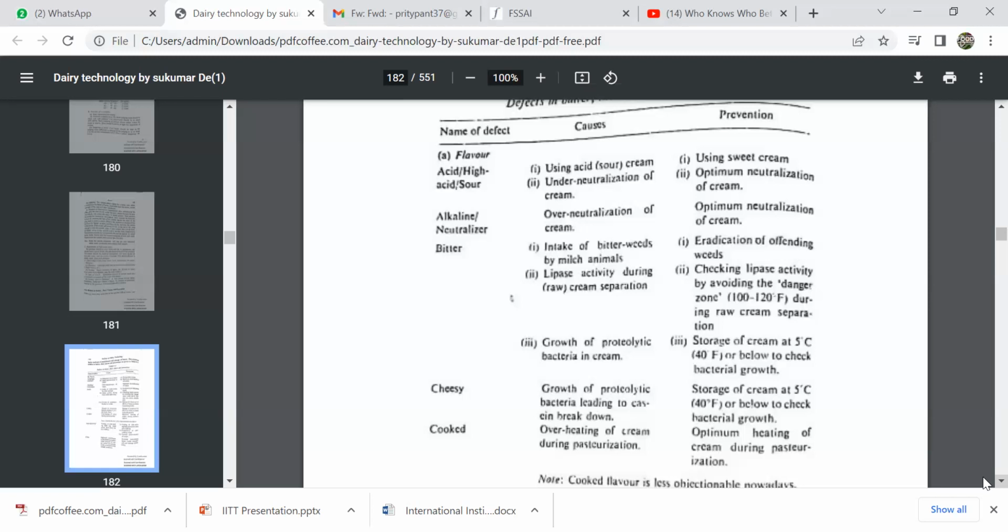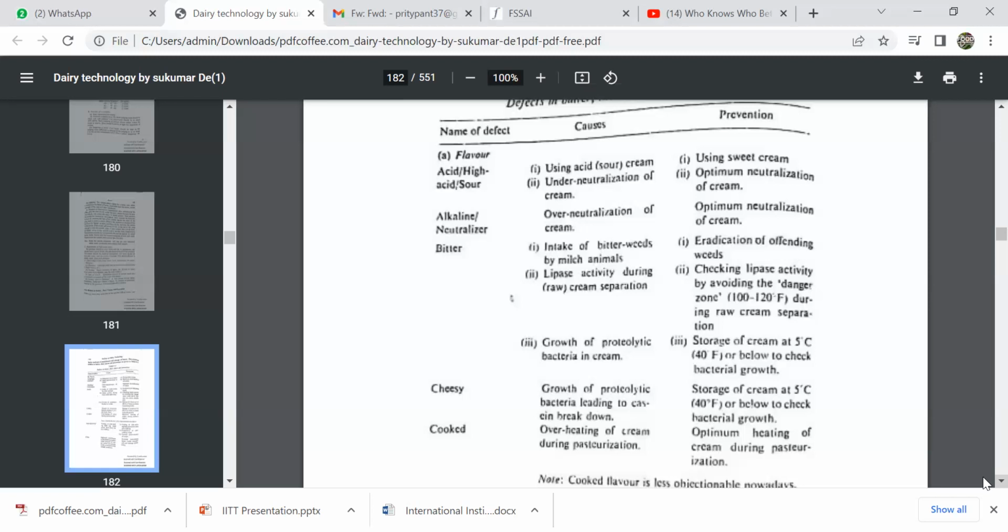So the prevention of all these flavor defects are the optimum neutralization of cream, eradication of offending weeds, checking of the lipase activity by avoiding the danger zone. तो danger zone क्या है? 100 to 120 degree Fahrenheit during raw cream separation. Next one is the storage of cream at 5 degree centigrade or below to control the bacterial growth.